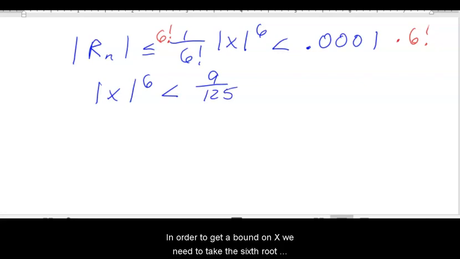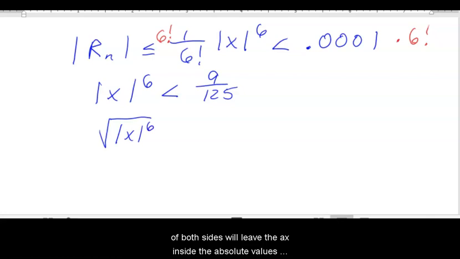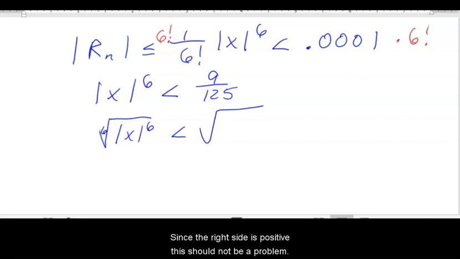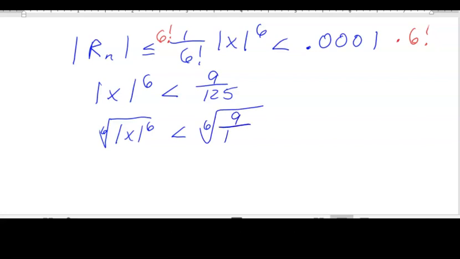In order to get a bound on x, we need to take the sixth root of both sides. We'll leave the x inside the absolute values and take the sixth root of both sides. Since the right side is positive, this should not be a problem. Of course, the sixth root means it is the 1/6 power.